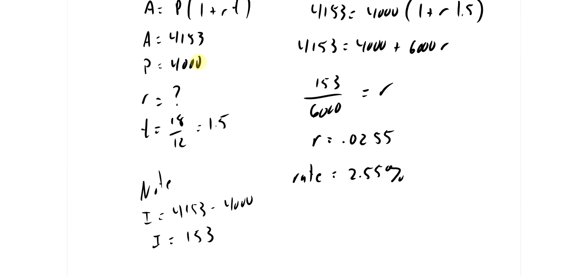The amount you pay back minus the amount you borrowed, that's interest. So this should be equal to PRT, which is 4,000 times R times 1.5. That's my 6,000 R. So we get the same R either way.